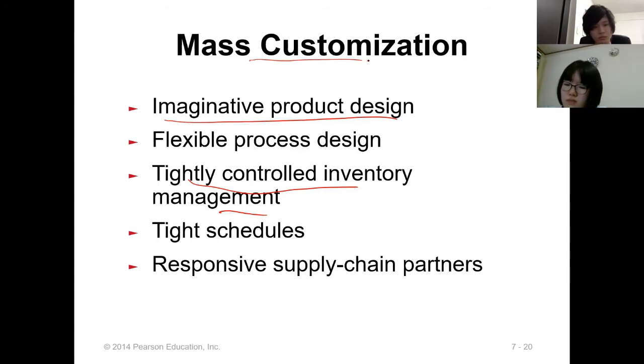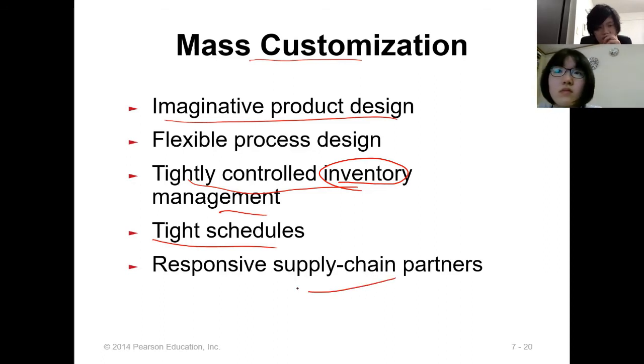So you need to actually control your inventory properly. Okay, tight control and tight schedules. Because a lot of variety requires you to have better production control in order to meet your customers. And the supply chain, because partners must be very responsive.